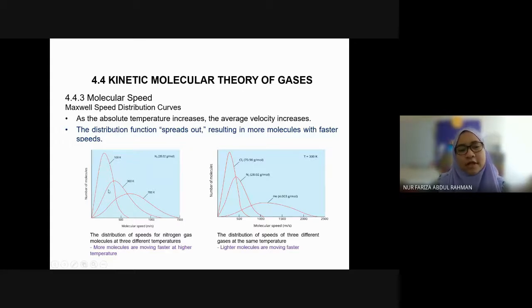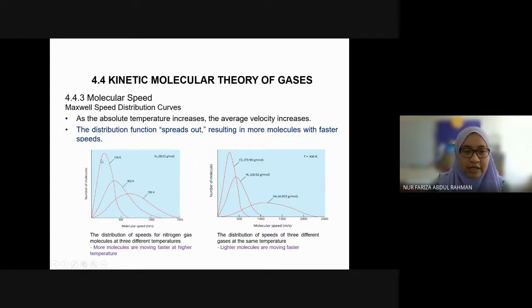So please make sure that you also represent the number of molecule ataupun the luas bawah graf. Dia punya luas bawah graf tu should be more or less the same. Remember, luas bawah graf tu sebenarnya sama, which represents the same number of molecule.